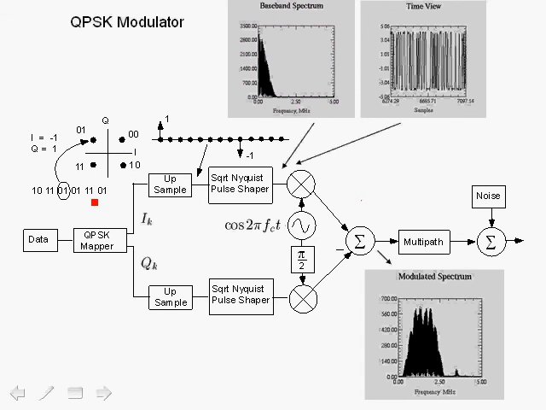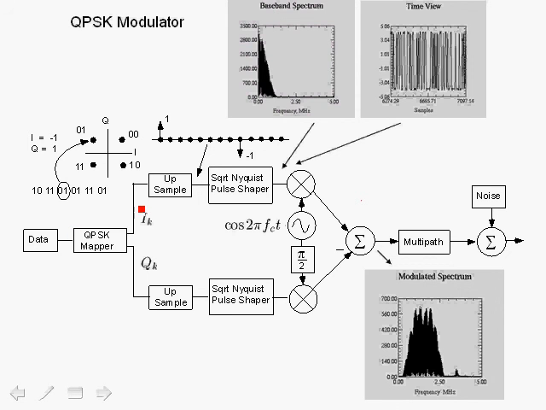Now, if the bit rate is R sub b, the symbol rate is 1/2 the bit rate in this case, because we're mapping every 2 bits to one symbol. And this way we can achieve a higher throughput than binary phase shift keying, or BPSK, in which case we map a 1 to one symbol and a 0 to another symbol. So in BPSK, the symbol rate is equal to the bit rate and our throughput is limited.